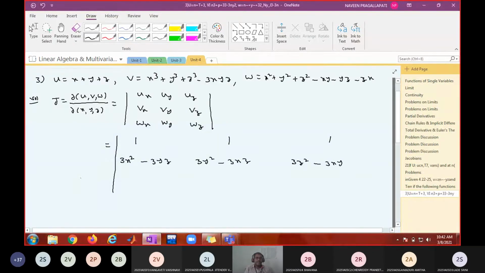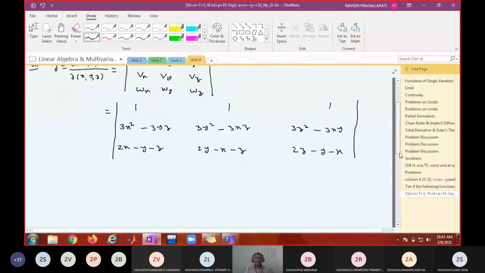And what is wx? Dou w by dou x is 2x minus y minus z. Next, dou w by dou y is 2y minus x minus z. Next, dou w by dou z is 2z minus y minus x. Please simplify it and tell me the Jacobian.